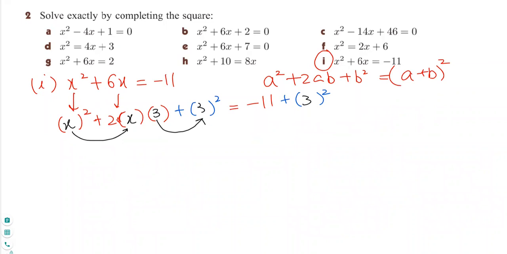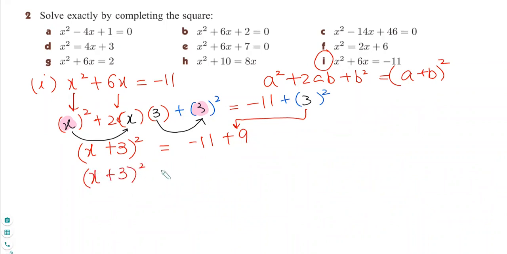So what is a here? A is x and b is 3. Got it? So it will be x plus 3 whole square equal to negative 11, and this will be plus 9. 3 square is plus 9. So x plus 3 whole square is equal to negative 2.